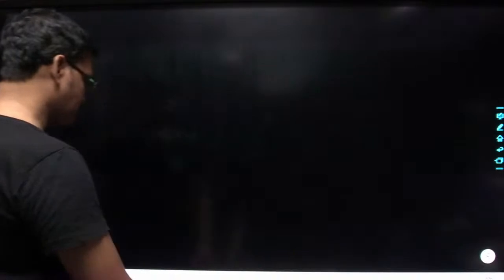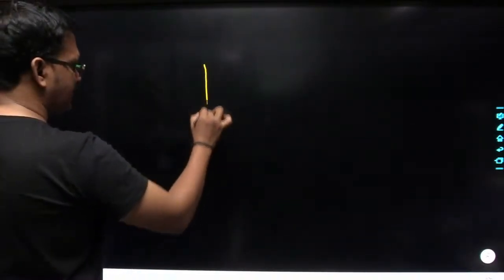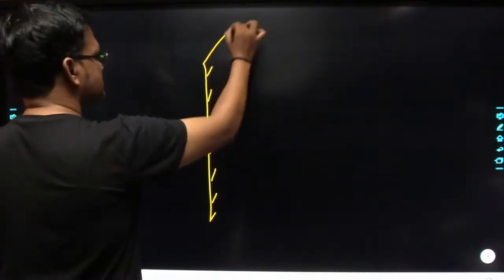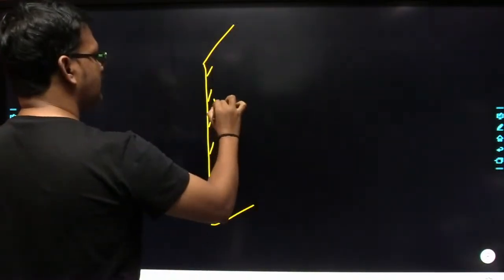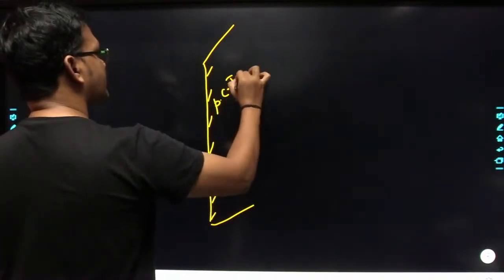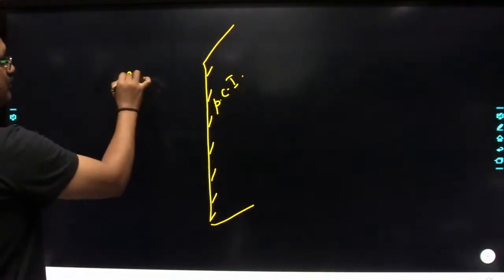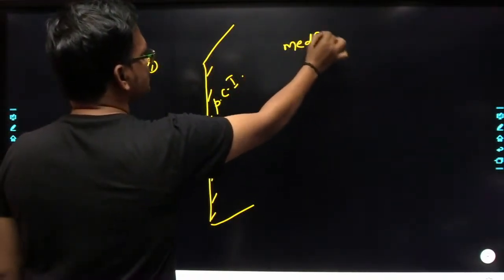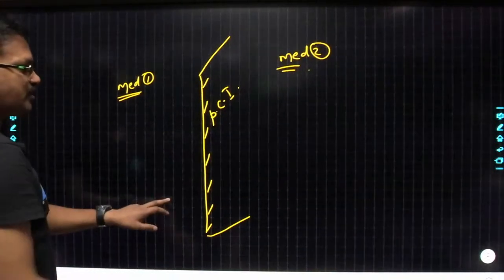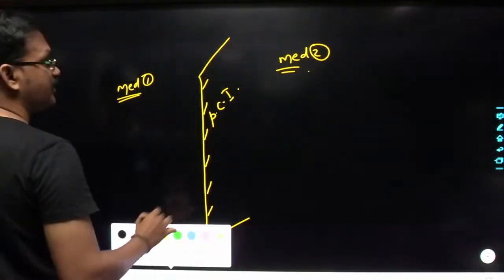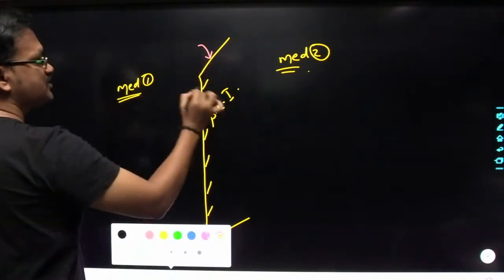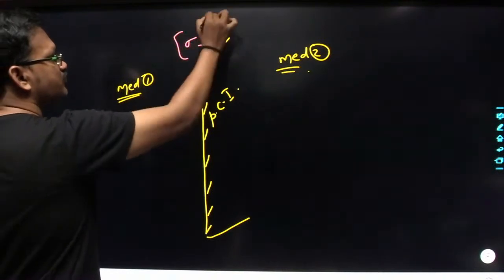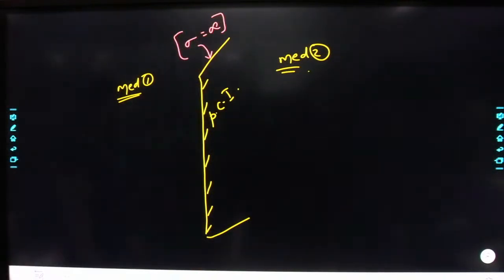If you have a perfect conducting interface here, with medium 1 on one side and medium 2 on the other, then in between these two media you have a perfect conducting interface. Perfect conducting interface means the conductivity is equivalent to infinity.